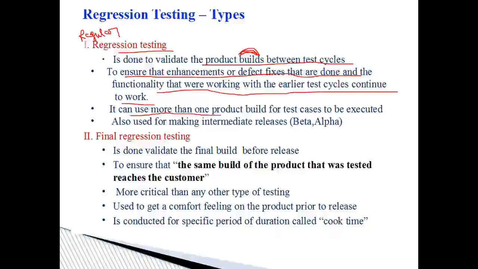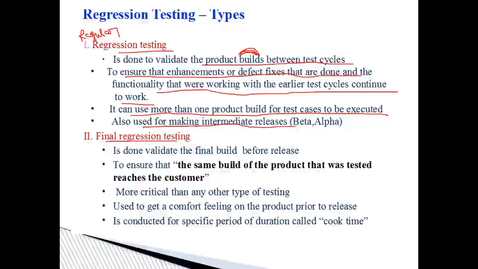It can use more than one product build for test cases to be executed. So one build or more than one build can be tested to verify that it is working fine. It is also used for making intermediate releases.